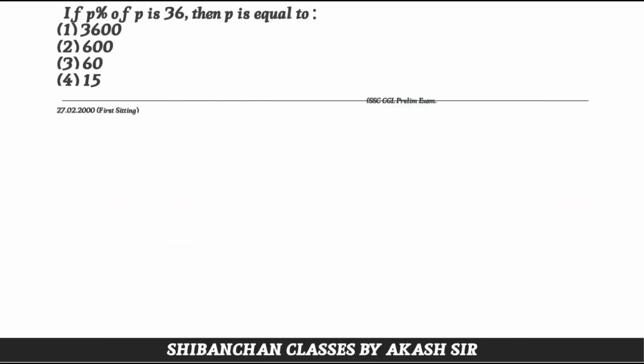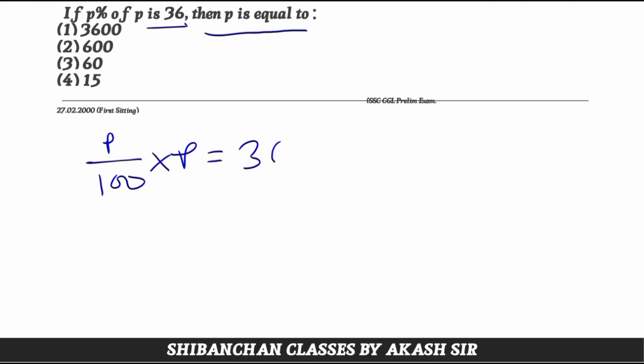Next question. p% of p is 36, then p is equal to? Okay, fine. p% means p by 100 of p, into p equals 36. Very easy math. Now simple, p into p is p squared, and 36 into 100 we can make like this.